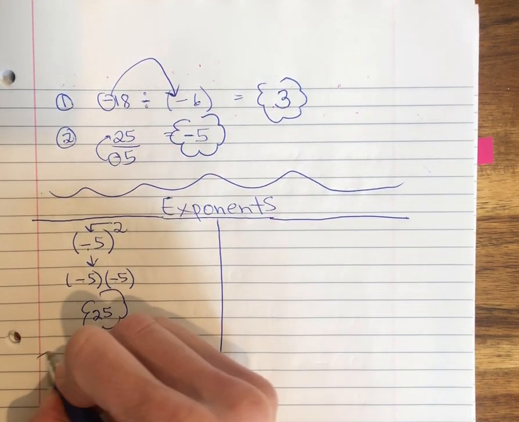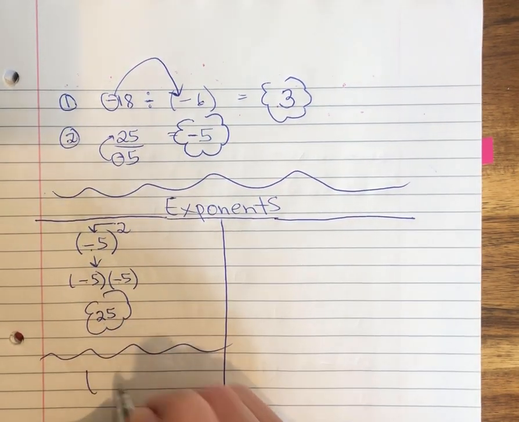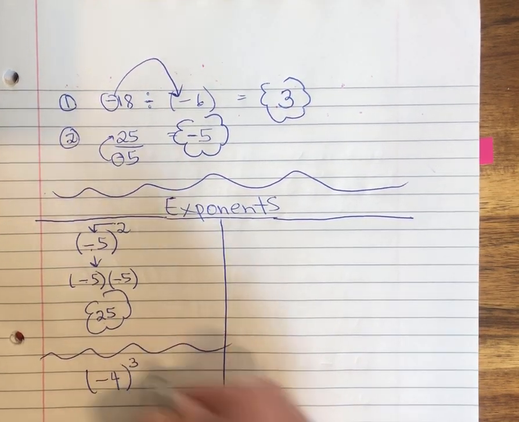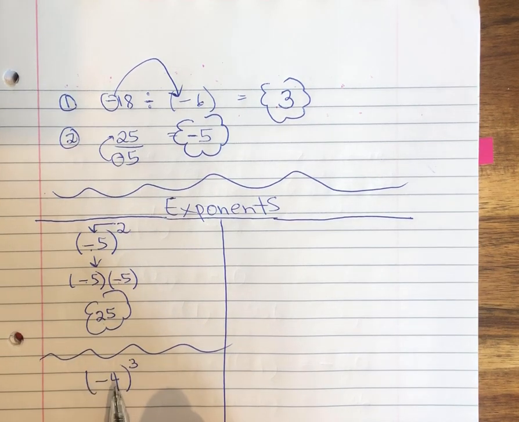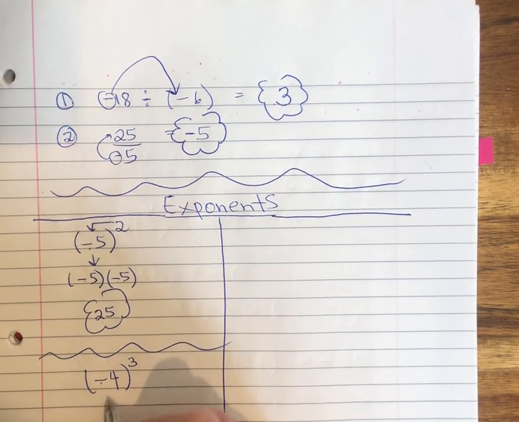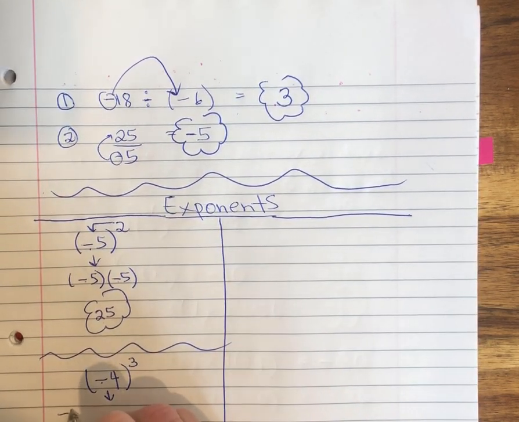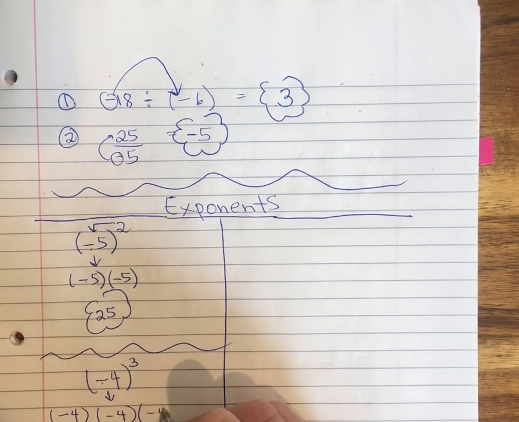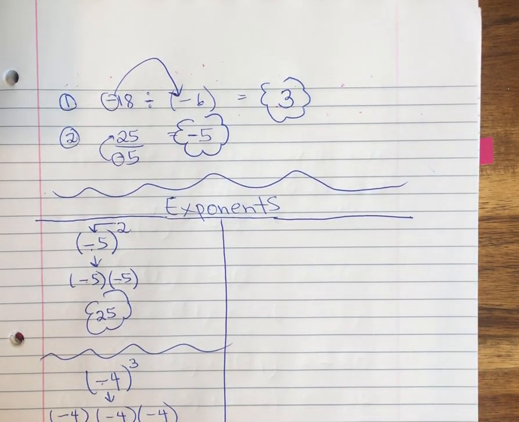If we take a look at another one like that, we can put negative 4 to the third. Again, it's the negative that is in the parentheses. It is the negative 4 that is being cubed. So that's going to look like negative 4 times negative 4 times negative 4.